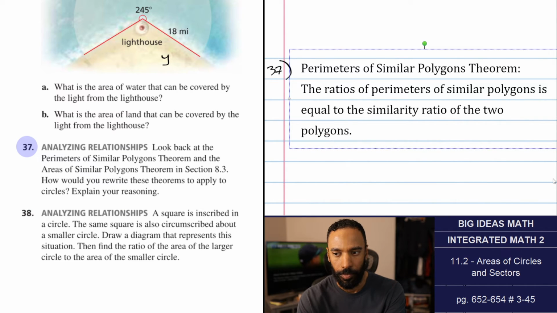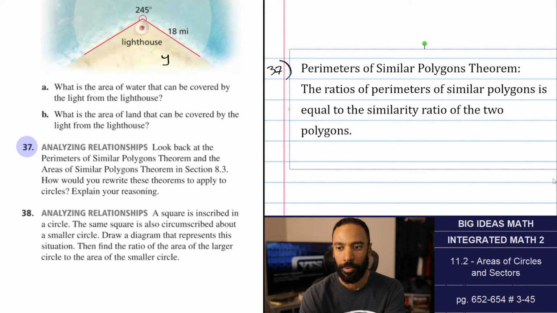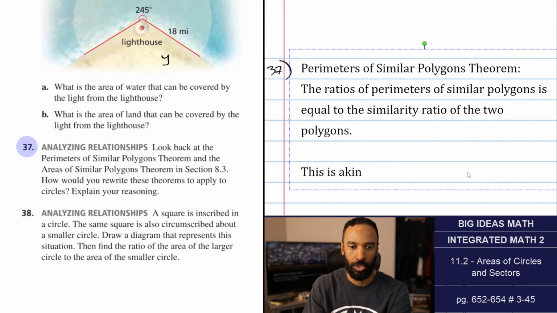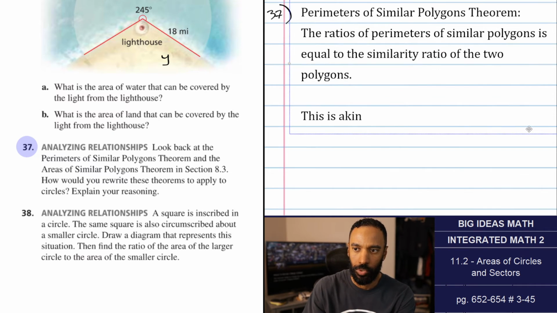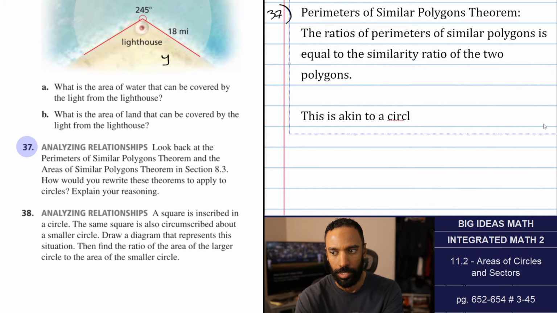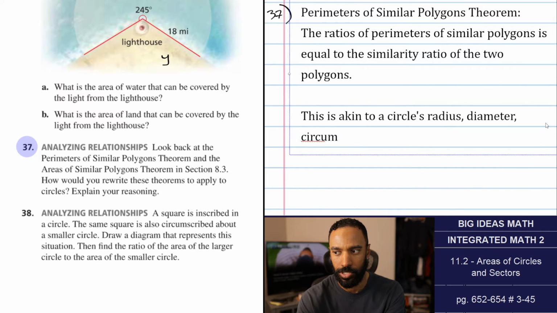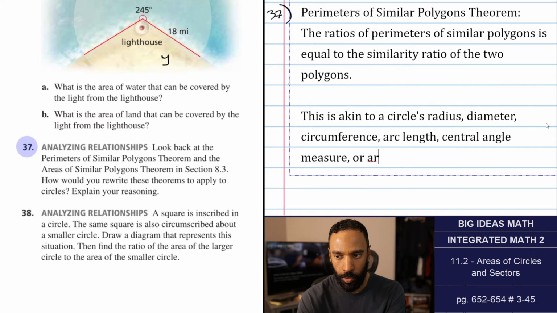So it's equal, right? Now, this is akin to circles. This is akin to a circle's circumference. Let's say a radius, diameter, circumference, arc length, or arc measure. Central angle measure or arc measure. It will be equal.